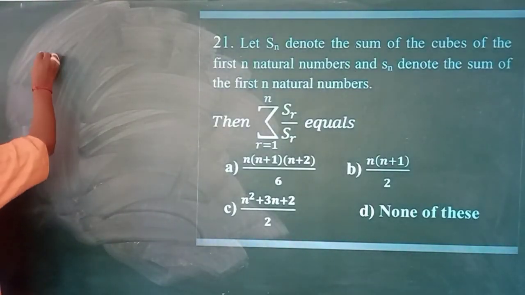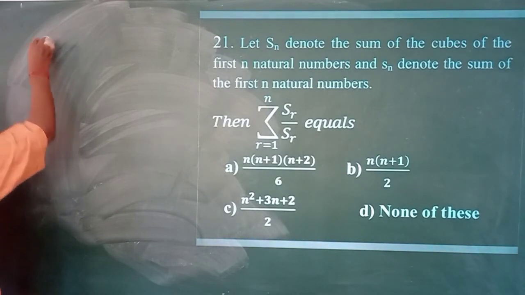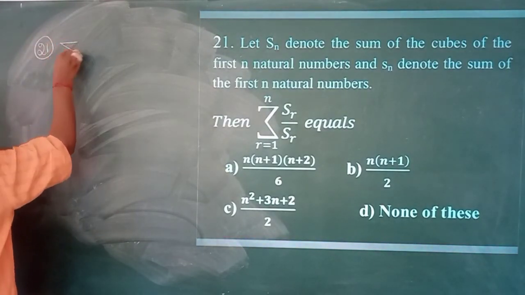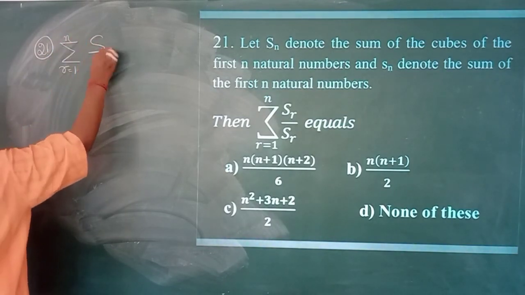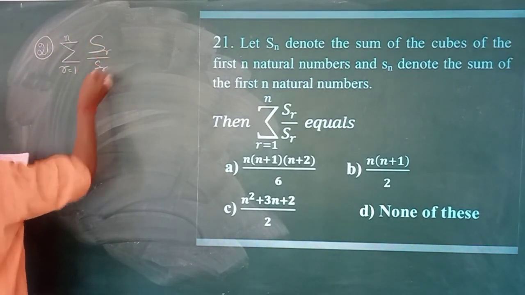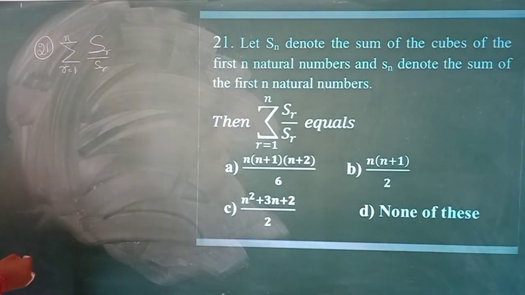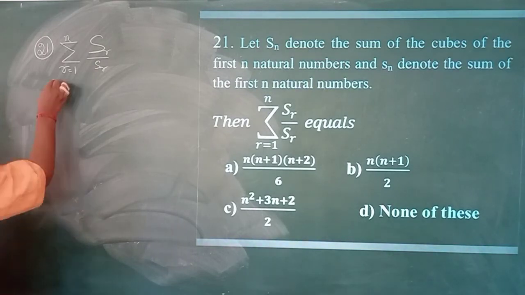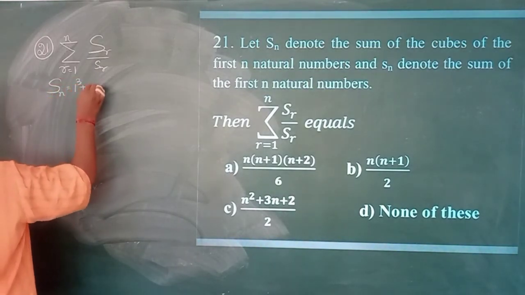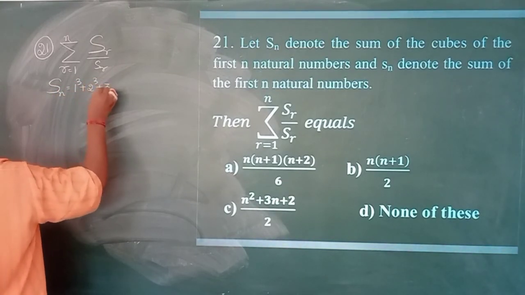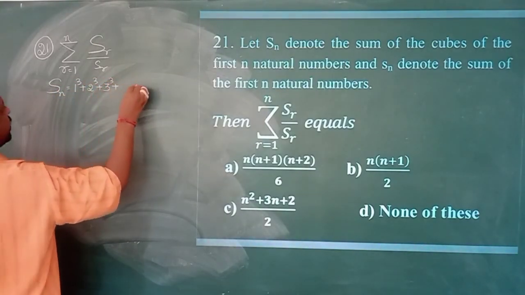21. Sum over r equal to 1 to n of Sn divided by small sn, sum of natural numbers. First one, capital Sn will be the sum of the cubes, 1 cube, 2 cube, 3 cube up to n cube.